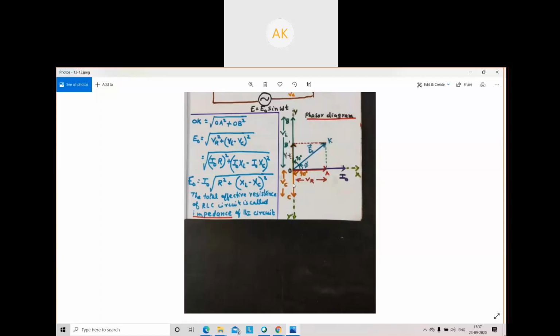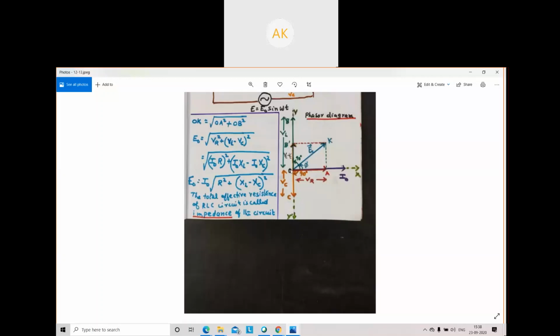One is upwards with a greater magnitude, and VC is downward with a smaller magnitude. So the resultant vector will be VL minus VC, and since VL is greater, VL minus VC will be upward.